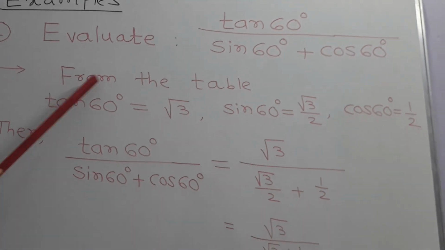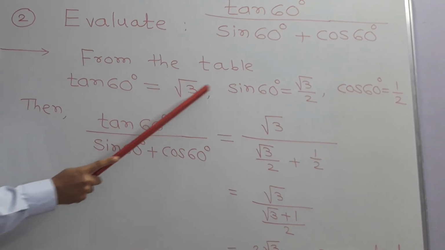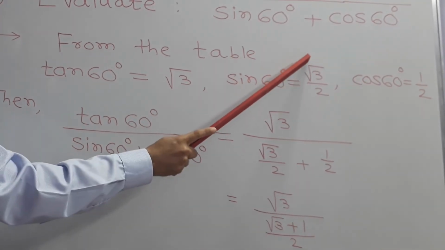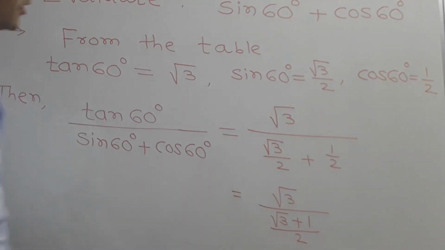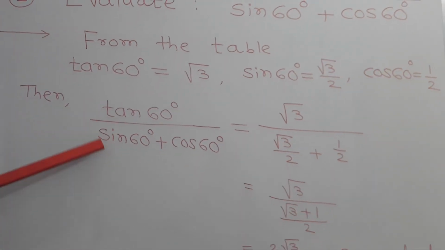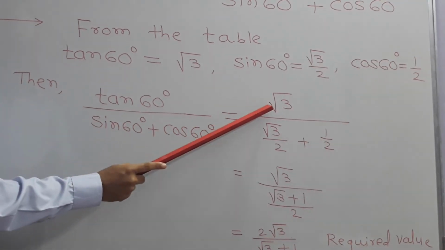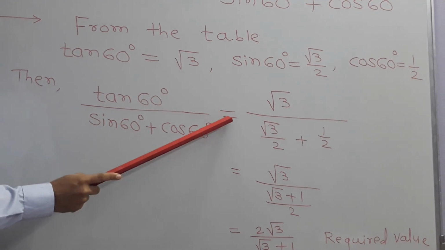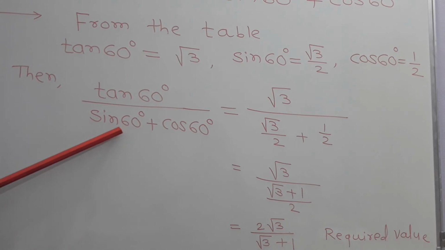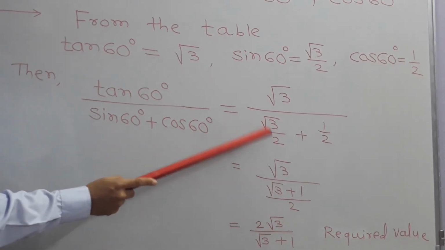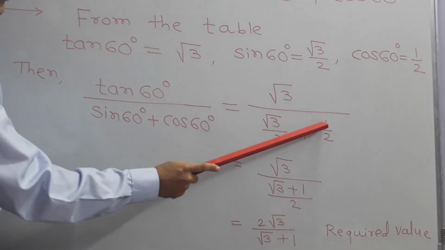From the table, tan 60 degree is equal to root 3, sine 60 degree is equal to root 3 upon 2, cos 60 is equal to 1 upon 2. Then we will write the expression given here: tan 60 degree is root 3, then divided by, in place of sine 60 we write root 3 upon 2, plus as it is, then in place of cos 60 we write 1 upon 2.